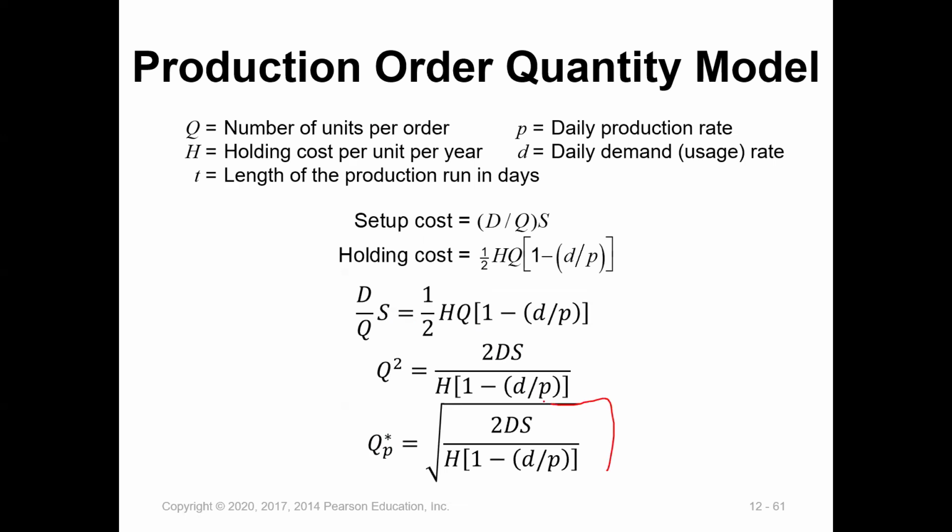So Q star P is equal to the square root of 2DS over H times 1 minus D over P.